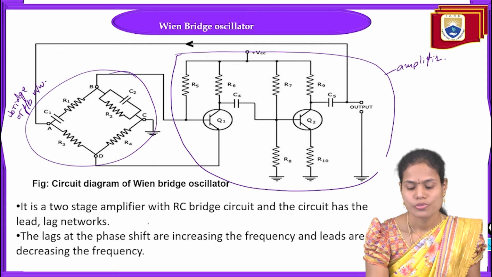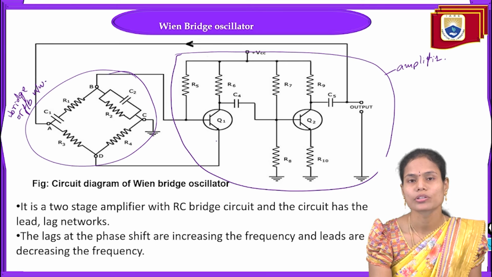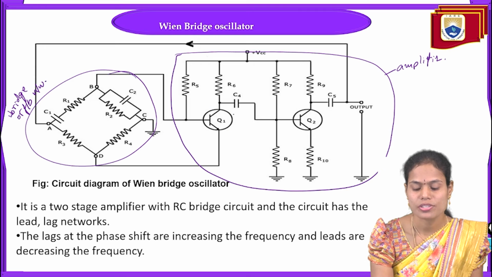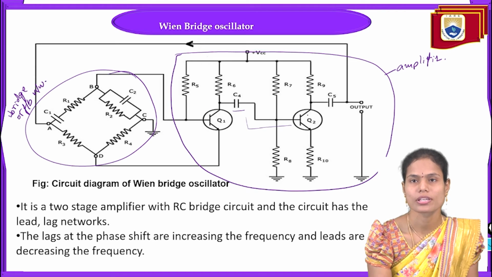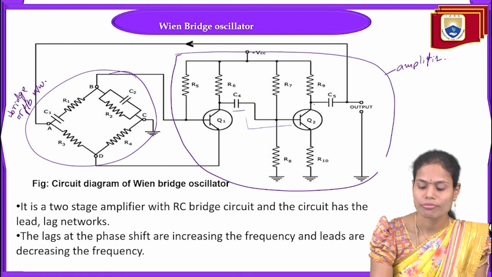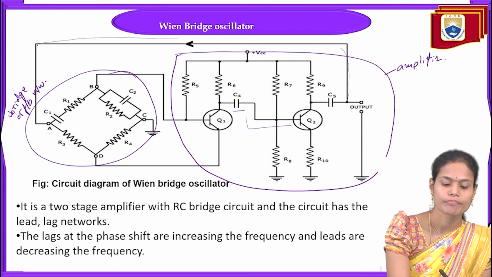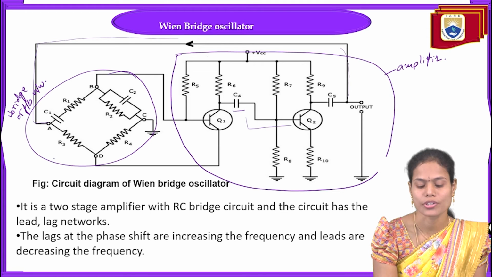Okay, so here for these amplifiers we are providing the biasing required to operate them. The output of the first stage amplifier, through the capacitor, we are connecting to the base of the second transistor here, and the output of this amplifier, that is the last stage or second stage, we are connecting back to the input of the bridge here.